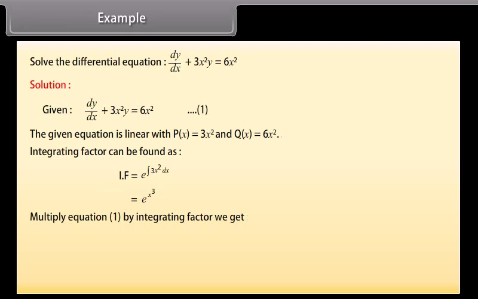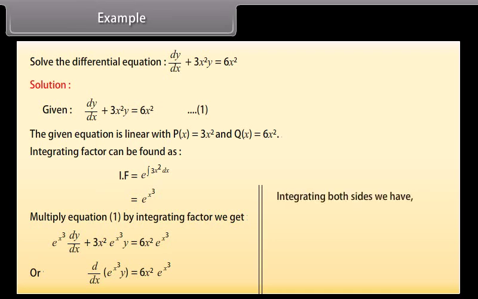Multiply equation 1 by the integrating factor, we get e^(x³) dy/dx + 3x² e^(x³) y = 6x² e^(x³), or d/dx (e^(x³) y) = 6x² e^(x³).